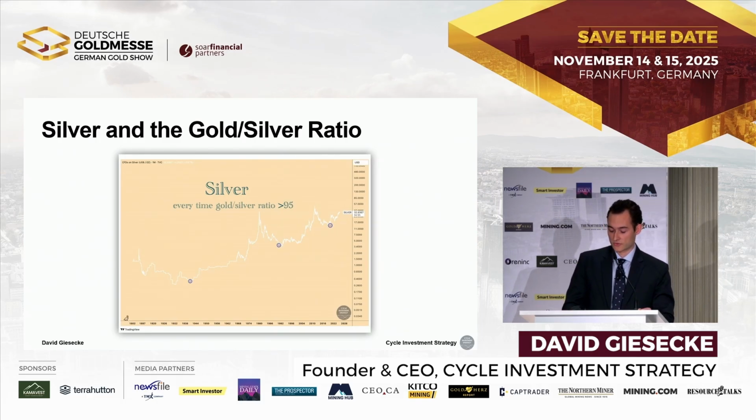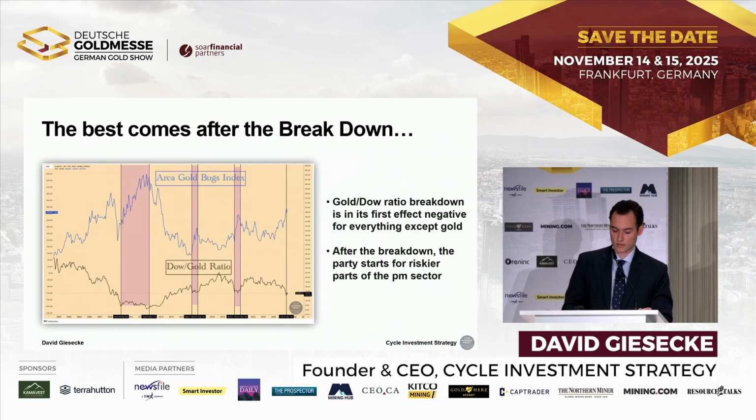And what is also interesting, if we go back a few slides, you can see it also in the ARSA Gold Bugs Index. Normally, the Dow to gold ratio breakdown, which is indicating this risk-off flight to safety move, the gold mining stocks have done really well. This has also only happened after the 08 crash or during the 08 crash.